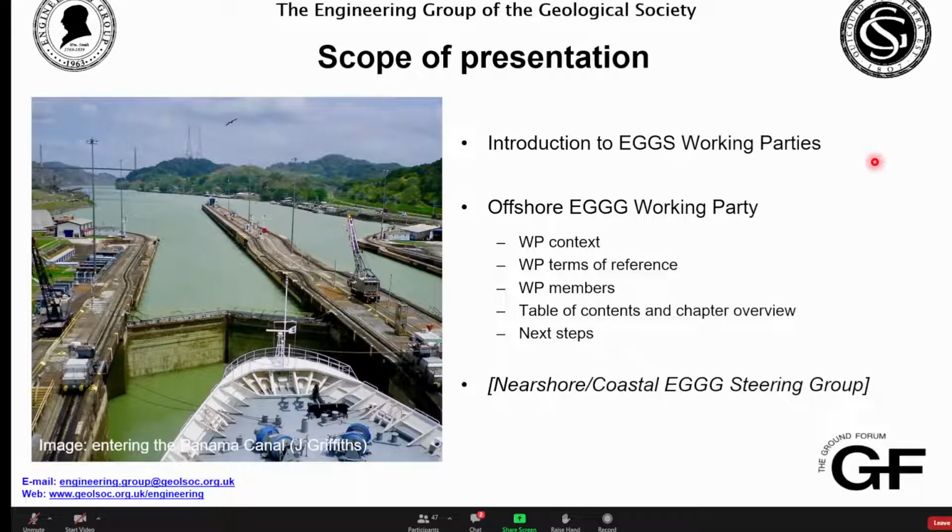Hopefully, we're hoping to complete by the end of this year, and be published next year. And we'll give you an update on where we're at. And then a bit of a plug for the follow-on Working Party, which is on the nearshore and coastal. That's just starting out. The plan was to close out the offshore and to start up with the nearshore and coastal. So that's really in its infancy, and we're going to be presenting next month to the engineering group on the nearshore and coastal steering group.